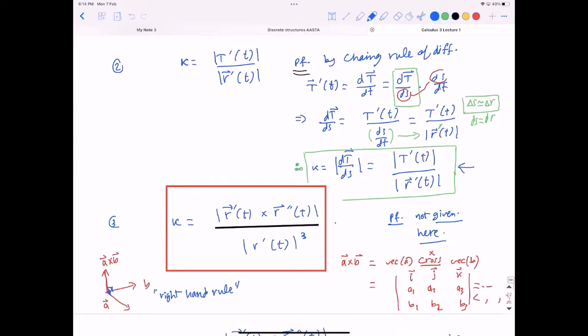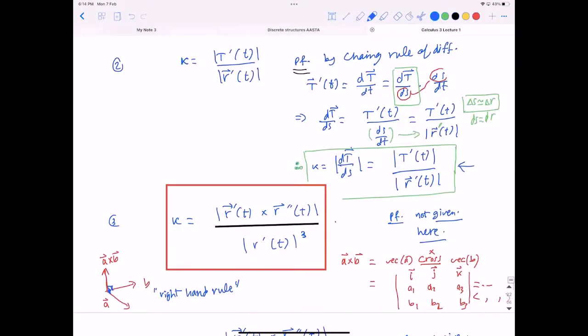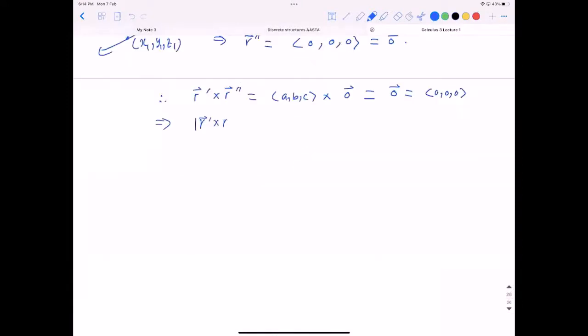Okay, this is therefore the magnitude of R prime cross R double prime, which is 0 squared plus 0 squared plus 0 squared, giving you 0.